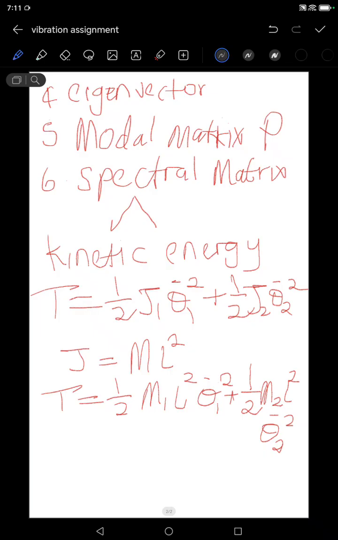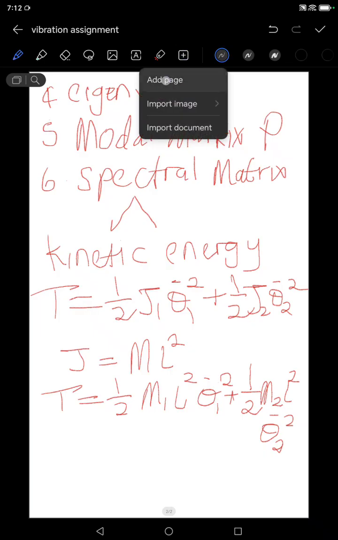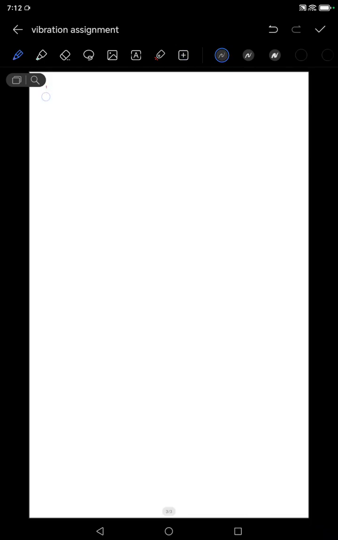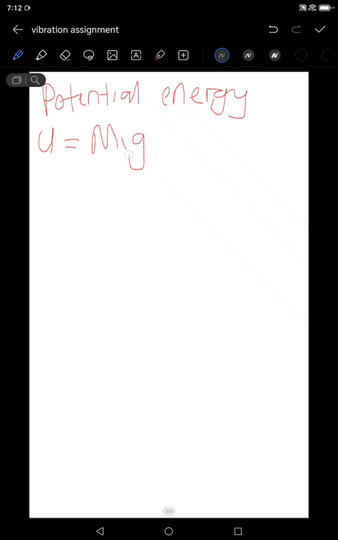So our potential energy, which is U, is going to be m1 g l into 1 minus cos theta. We have done this before, but with one pendulum.